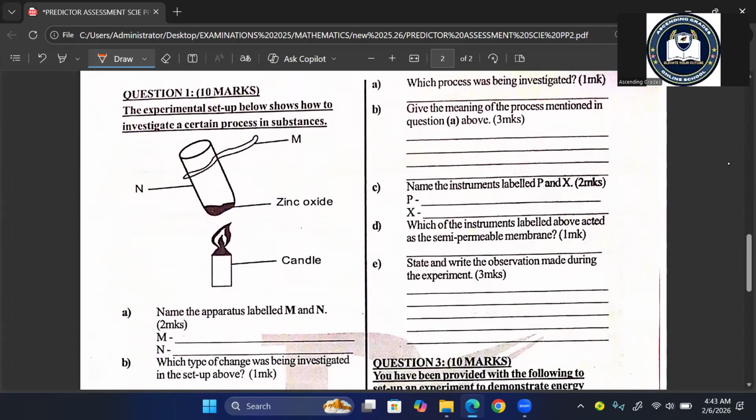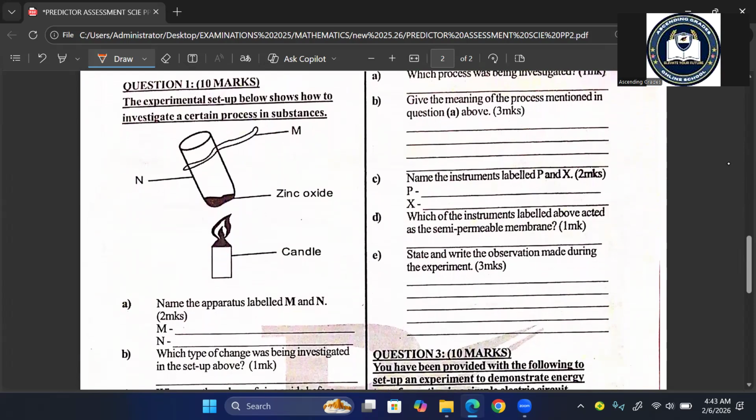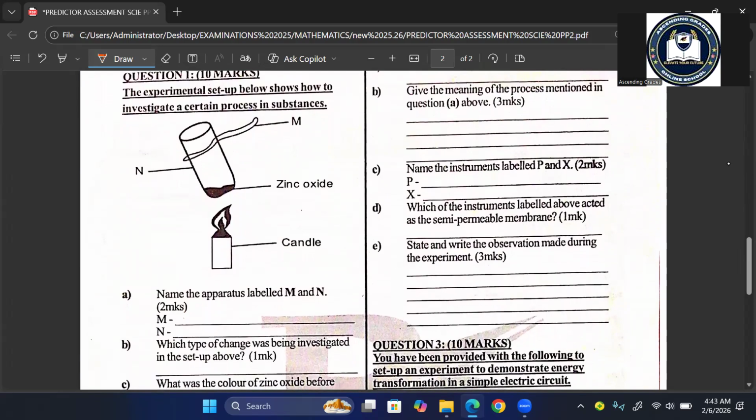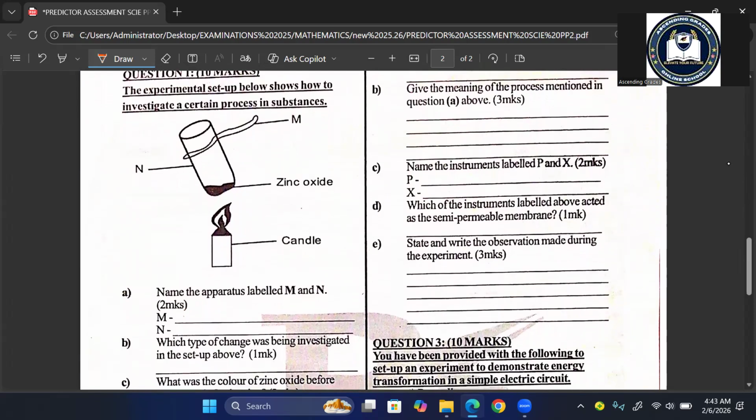The experiment set up below shows how to investigate a certain process in substances. You can see we are having zinc oxide. We have a candle.